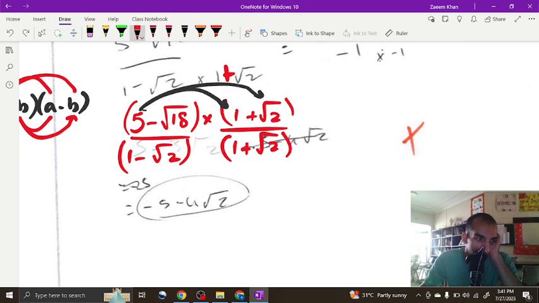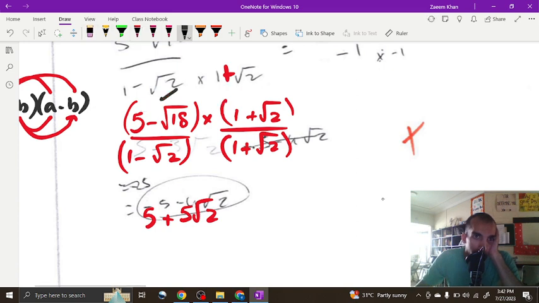What's the first number? Just 5. 5 times 1, just 5. Next. And then plus 5 square root 2. Perfect. Now we're done with these two arrows. I'm going to draw the next two. And then just minus square root 18.